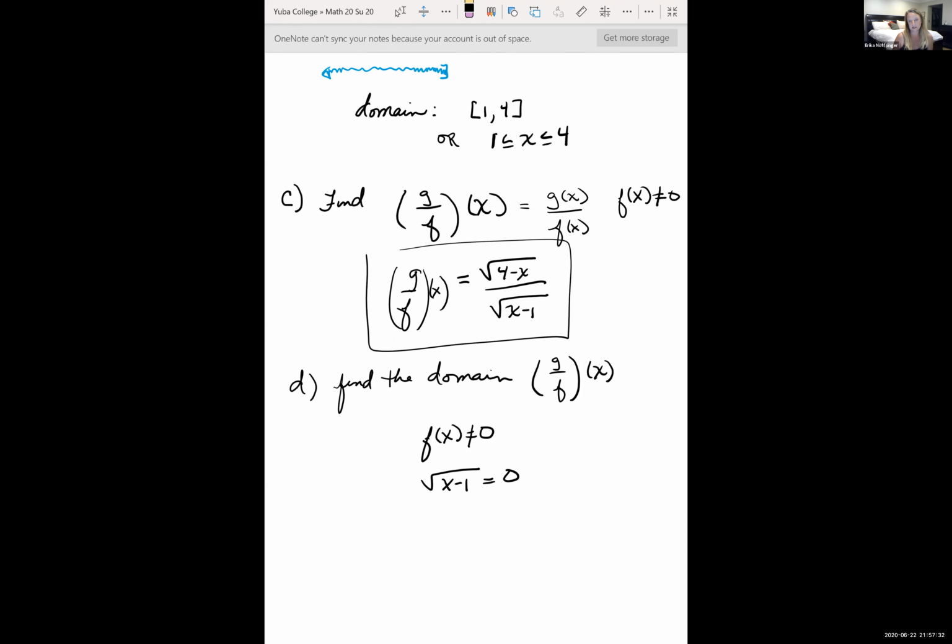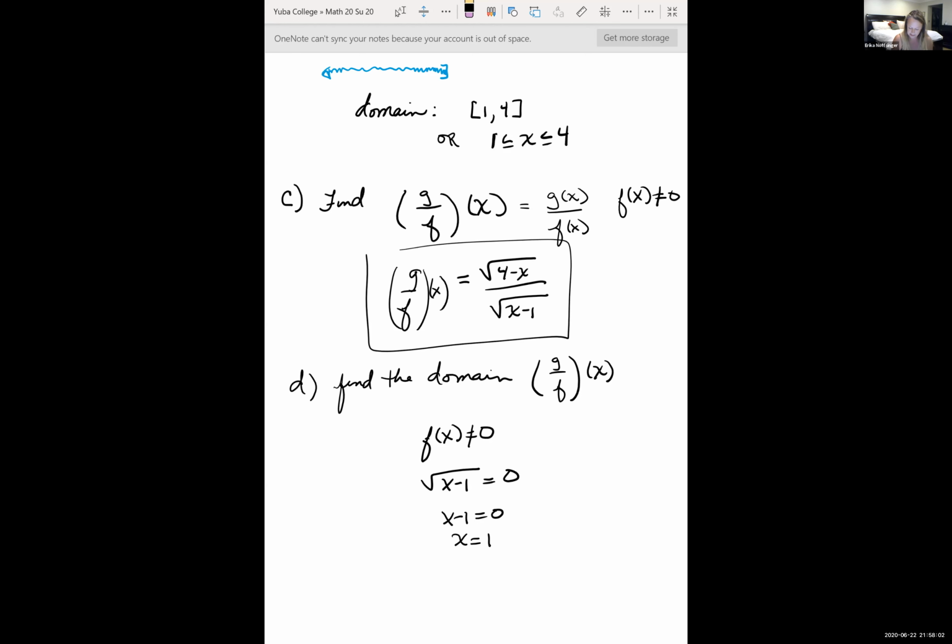So we looked at solving radical equations last week. We can get rid of the radical. We already have it isolated. Square both sides of the equation. We get x minus 1 is equal to 0. Solve for the variable. It's linear, so isolate it. X is 1. We had to be careful when we raise both sides to an even power because we could get extraneous solutions. But if I plug 1 into this equation, the square root of x minus 1 equals 0, it's true.